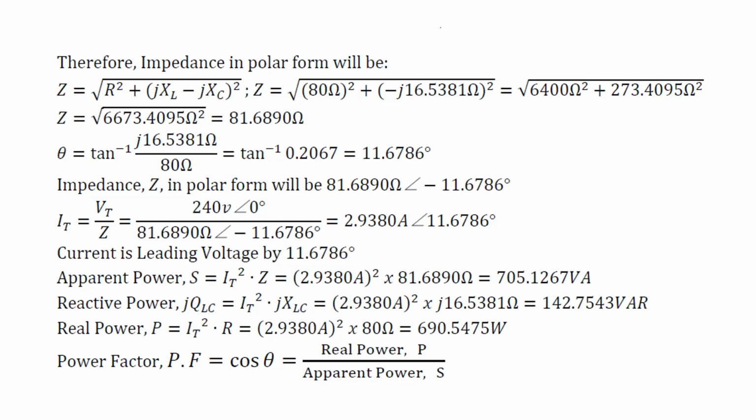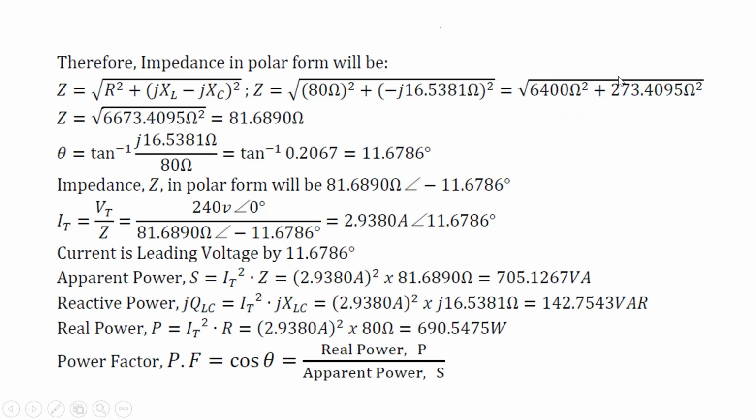Resolving the impedance, we have that Z equals the square root of R squared plus (jXL minus jXC) squared. We have it to be 80 squared plus minus 16.5381 squared.